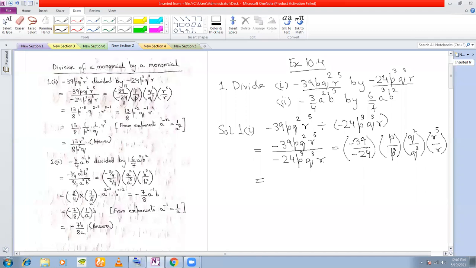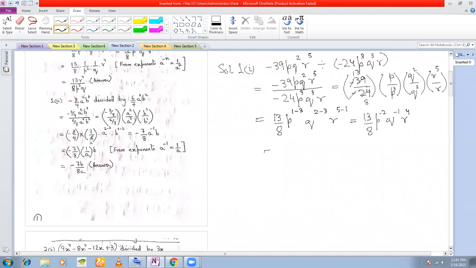These two minus signs cancel, and you also cancel this with 3. So you simply get 13 by 8. And here you have p to the power of 1 in the numerator and p to the power of 3 in the denominator. So this will become 1 minus 3, q 2 minus 3, r 5 minus 1. So you ultimately get 13 by 8 p to the power of minus 2, q to the power of minus 1, r to the power of 4.